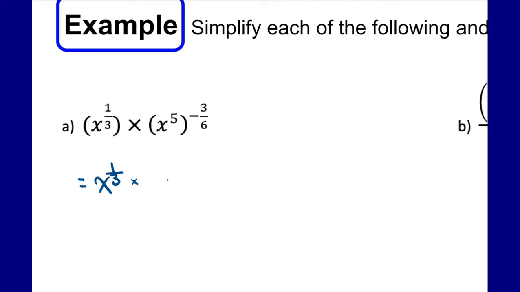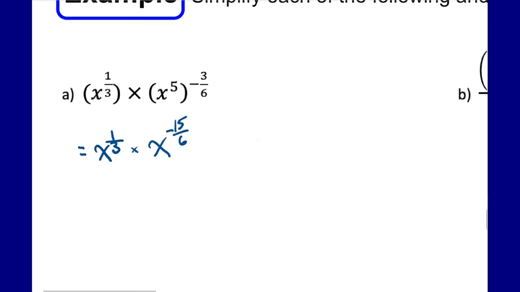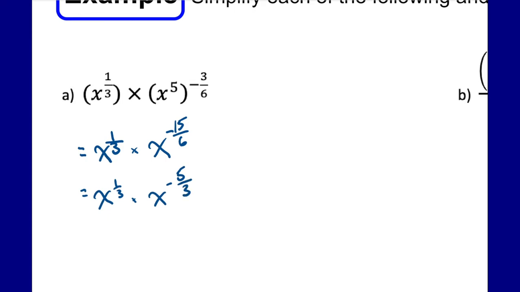So this simplifies to x to the power of, and because it's a power of a power, we multiply, so negative 15 over 6. I can simplify this a bit.